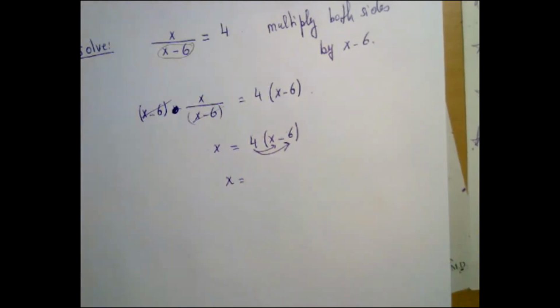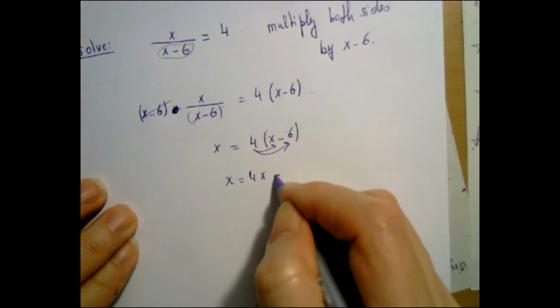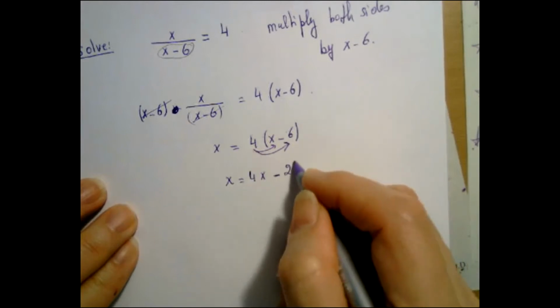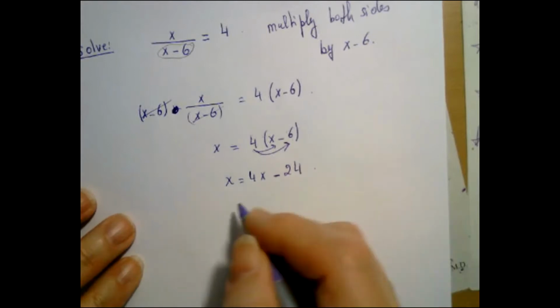But I really want to put all the x's together. So that will give me 4x minus 4 times 6, 24. Now, as you realize, I'm really back to the problem we started. So now I'm going to put the x's together.